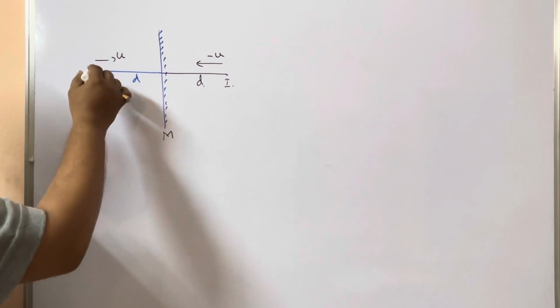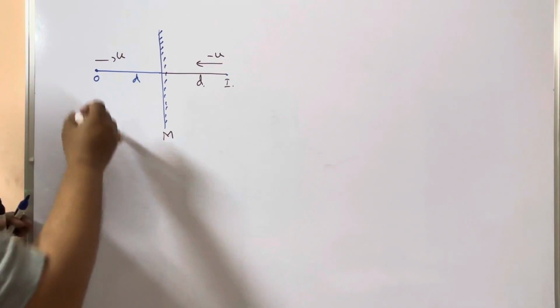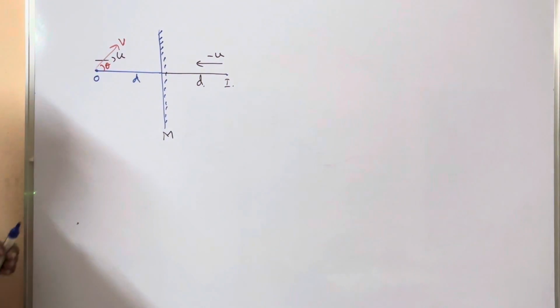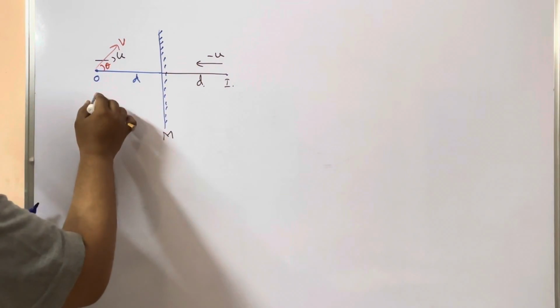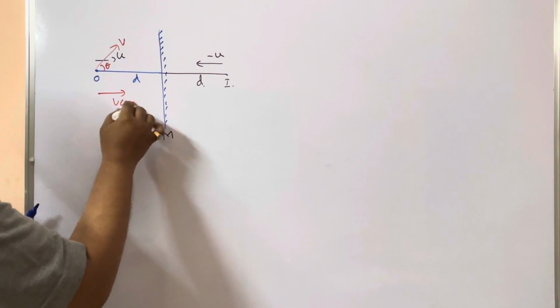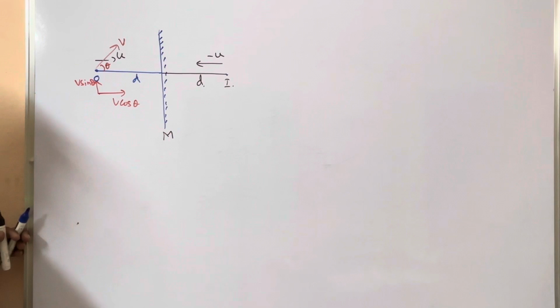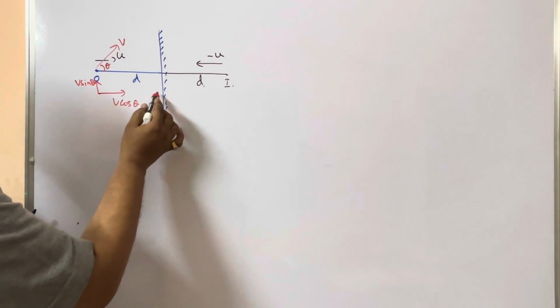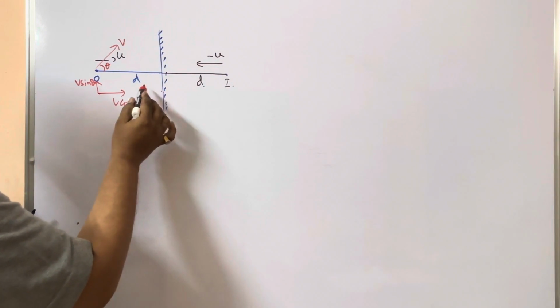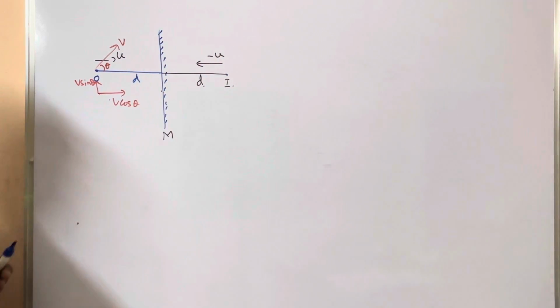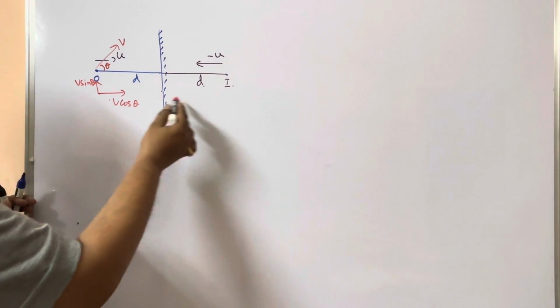Now they may give that the object is moving by making some angle theta with velocity v. At that time, you resolve this into two components, v cos theta and v sin theta. These are always perpendicular.